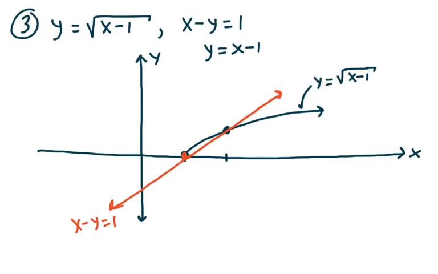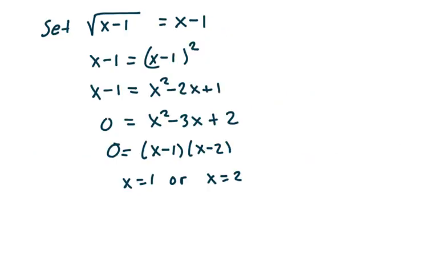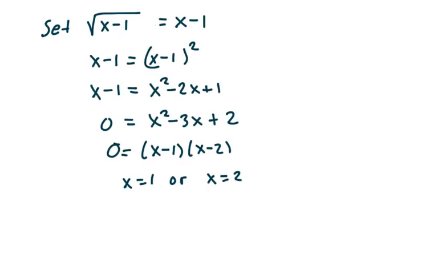And does that match? So here's x is 1, here's x is 2. So it looks like it matches. Notice how the top function is the square root of x minus 1. The bottom function is x minus 1. So when I set up my area, I'm going to integrate from 1 to 2, right? Now, what's the integrand?